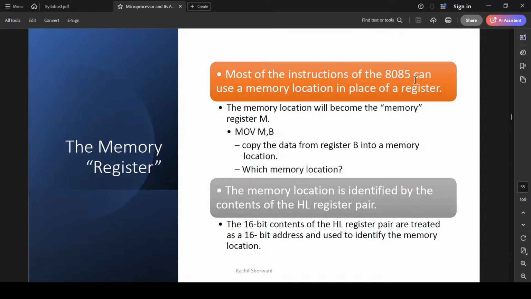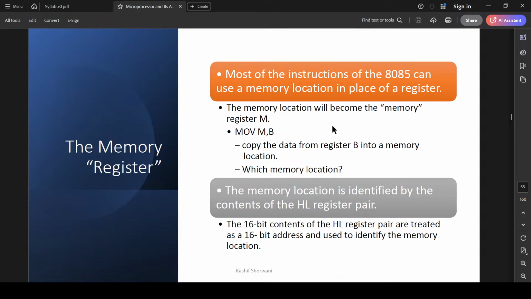Most of the instructions of 8085 can use a memory location in place of a register. The memory location becomes the memory register M. So the instruction uses the memory location instead of a register.